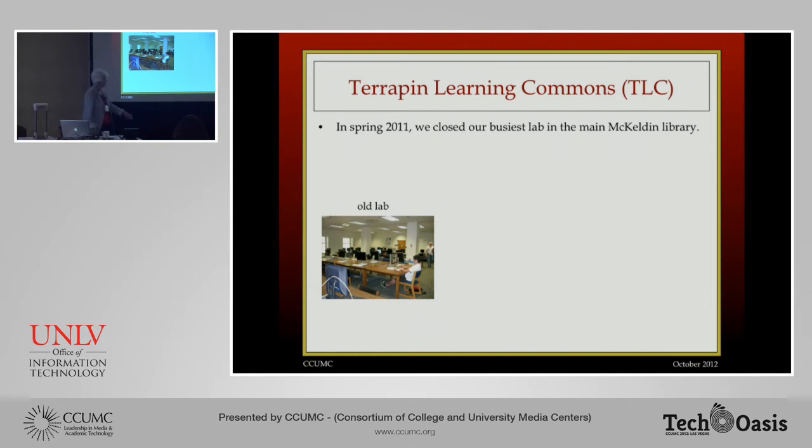You can see, this lab was located in the libraries. It was actually set up on old library tables, if you can imagine, not exactly good furnishings for a lab.